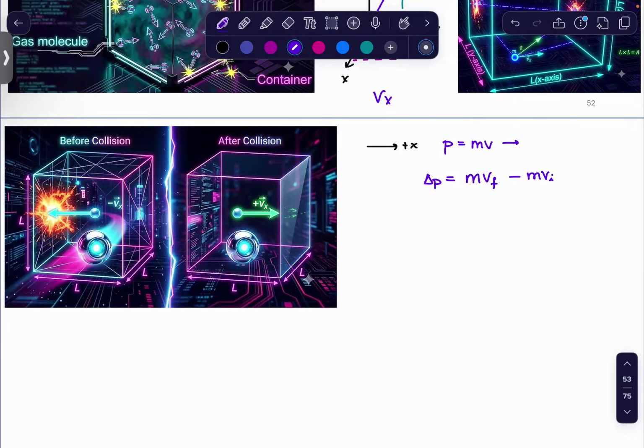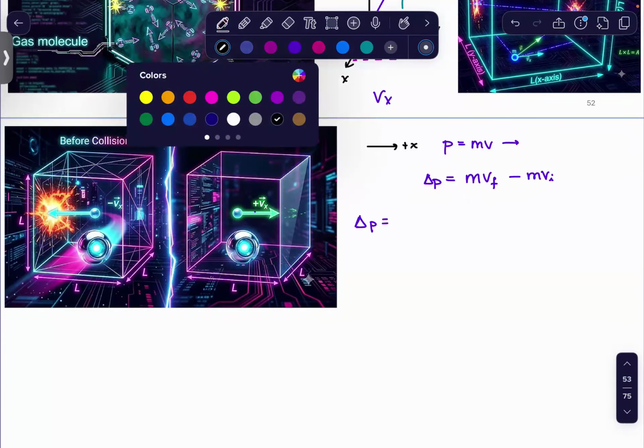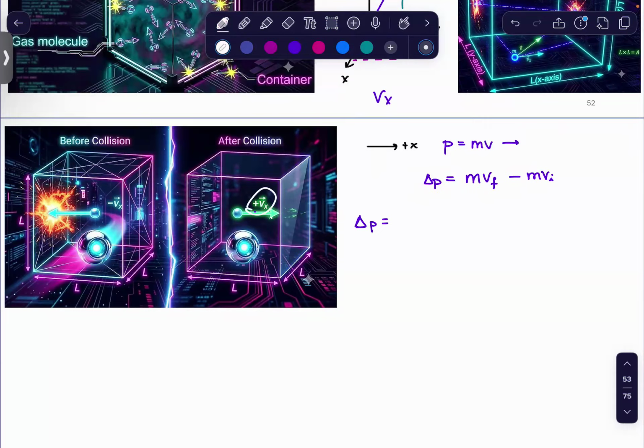Now our change in velocity, you can see. So our MV final is right here. So that's just going to be positive MVF minus our MV initial is right here.